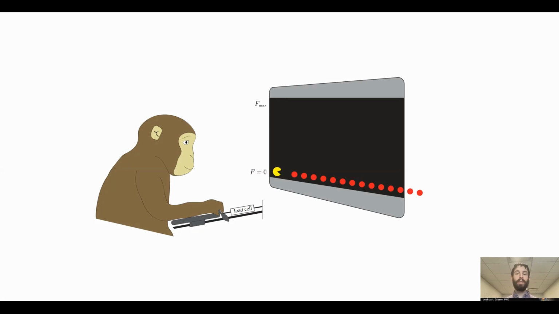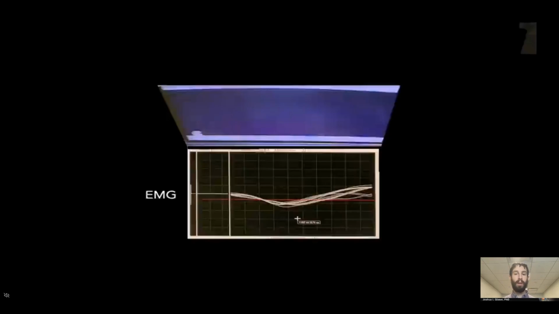And we can put these scrolling dots across the screen, which will dictate the force profile that the monkey needs to make. So the monkey will need to make whatever force is in the pattern of the dots that scroll across the screen. And so we can get the monkey to make a large range of different force profiles in this paradigm. Let me show you a video to give you a slightly better idea of how this works in practice.